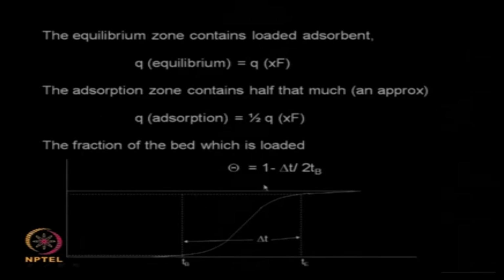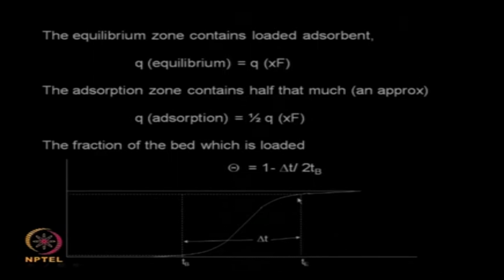So these are some approximations which we can make use of. By doing all this we end up with the fraction of the bed which is loaded when the breakthrough happens, theta is equal to 1 minus delta t divided by 2tb. Delta t is nothing but t minus tb, tb is your breakthrough time, t is your exhaustion time.